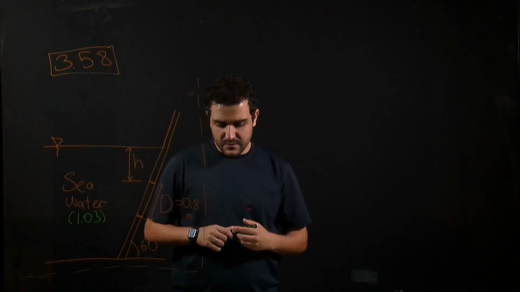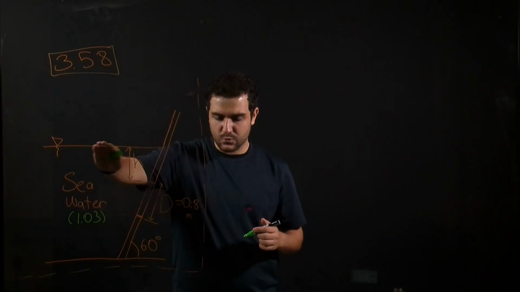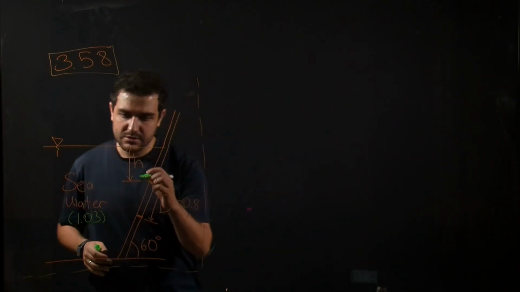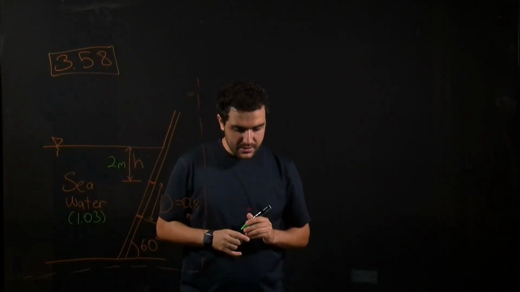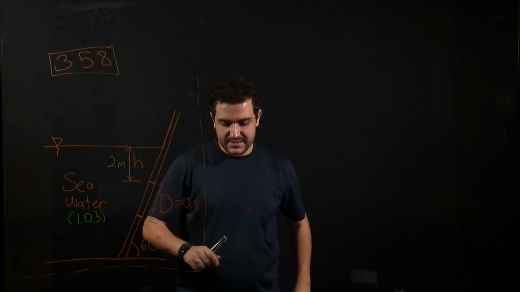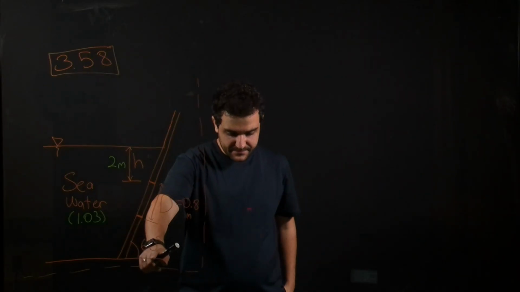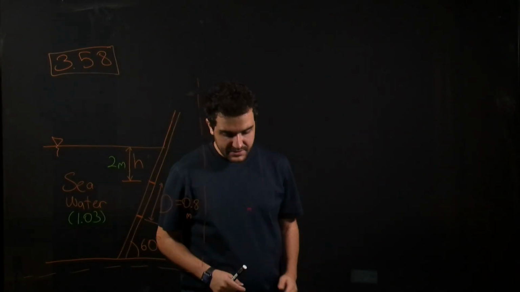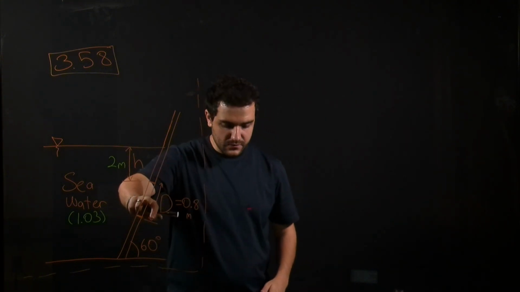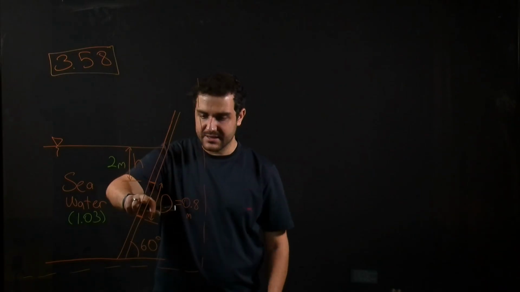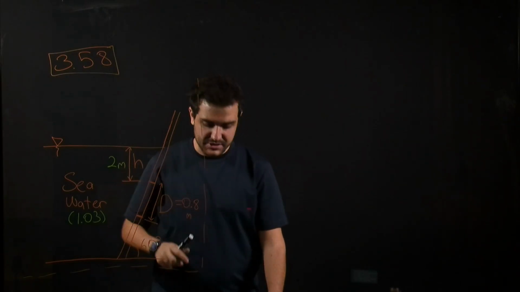The top of the window is 2 meters below the water surface, so we have H as 2 meters. And the window is angled at 60 degrees with respect to horizontal. We need to find the hydrostatic force acting on this window, and we need to locate the corresponding center of pressure.